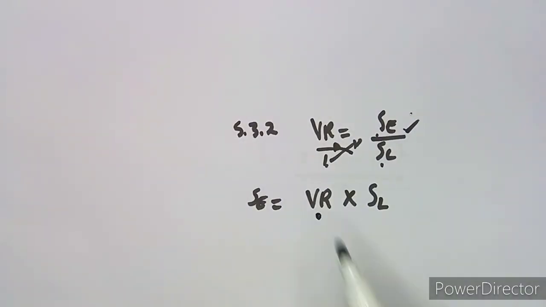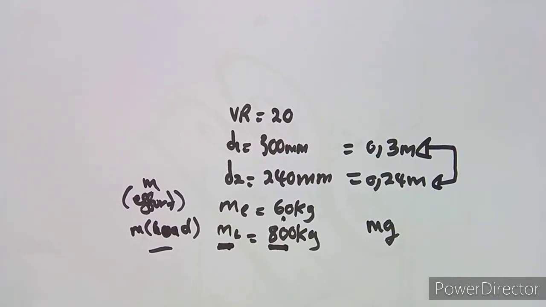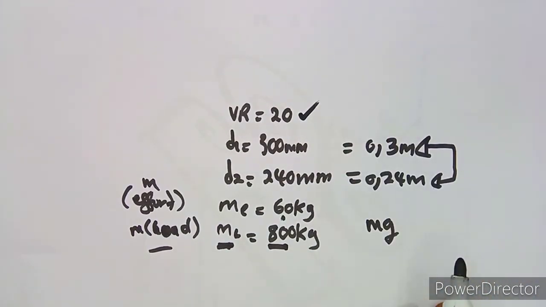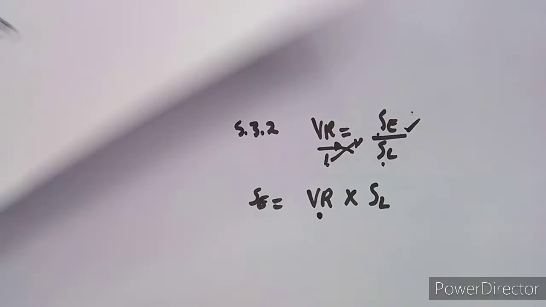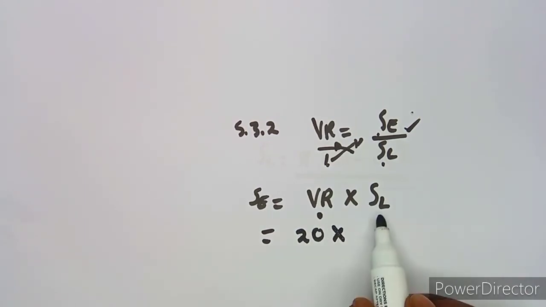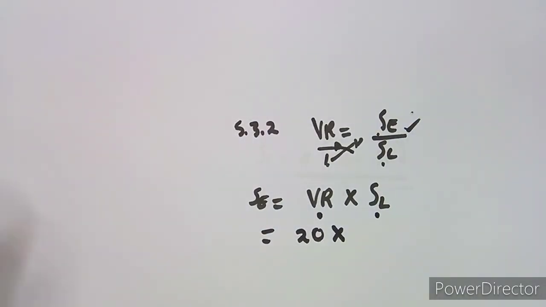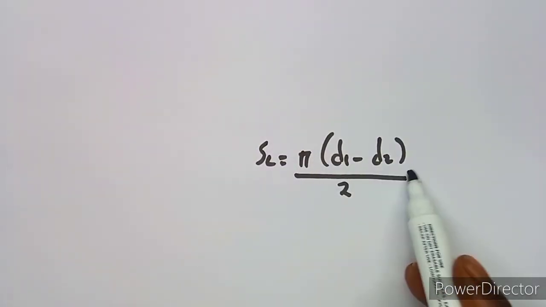The velocity ratio is already there. We are given that the velocity ratio in this case is 20. So we're just substituting. That is what you're going to do in this case. So you're going to have 20 multiplied by SL. Since I wrote this formula for you guys, I'm just going to substitute from this formula here.